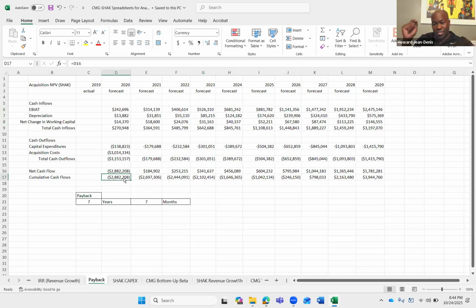It shows you how to do it on the spreadsheet, but you're adding this number to this number, 184,902, and it decreases this negative balance. It pays it back all the way till you get to year 7 months, in this case, where you actually turn positive.